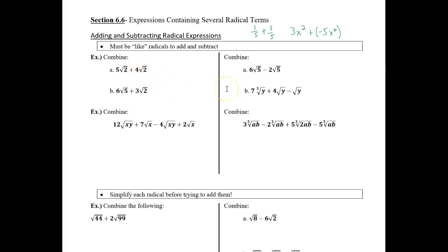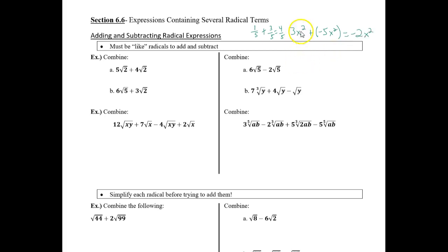If they are like, then we would add and subtract the coefficients. And just like when we add and subtract our other like terms, so if I had 1/5 plus 3/5, I would get 4/5. That like part doesn't change. 3x squared plus a negative 5x squared, we get negative 2x squared.